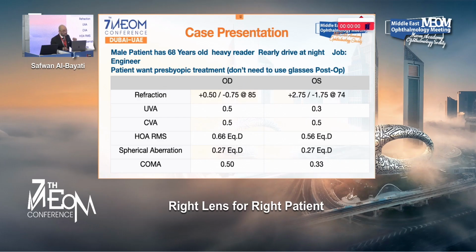High order aberrations: 0.6 total, spherical aberration 0.2, and coma. I'm not doing anything beyond 0.5. Strict on 0.5. Maybe Safa has another opinion, that 0.3, but believe me, 0.3 and 0.5 are the same. Above 0.5, I need to treat this patient.